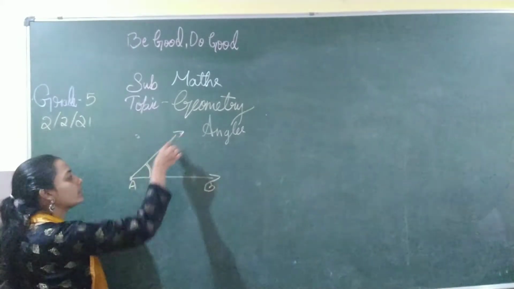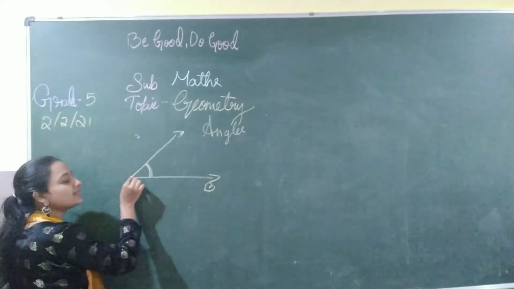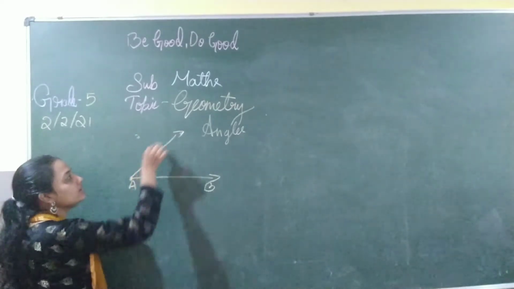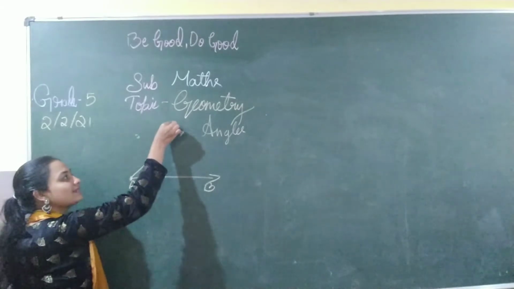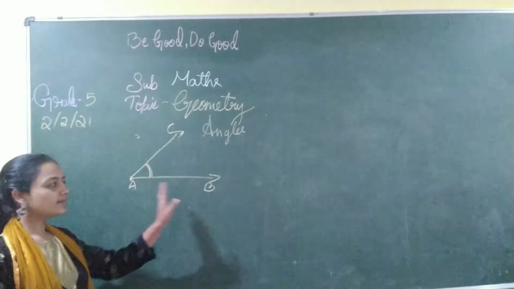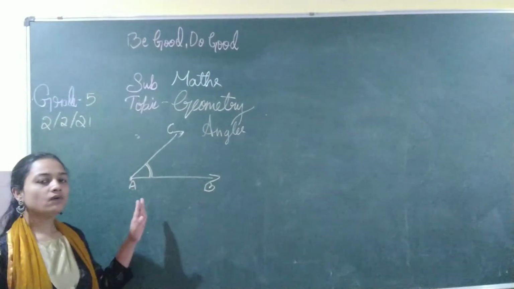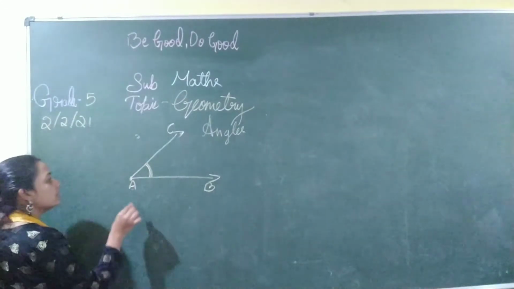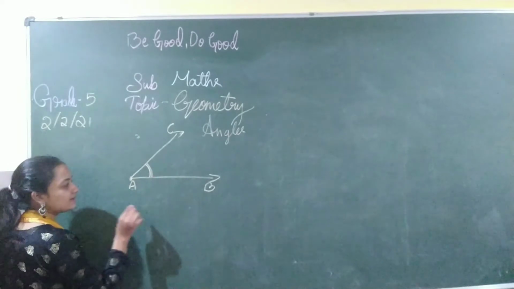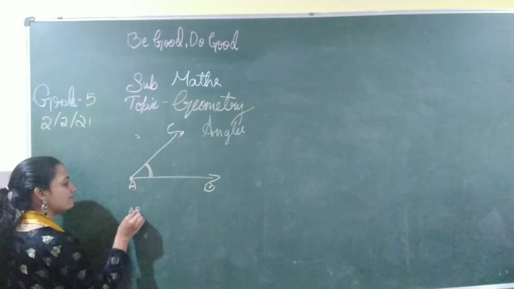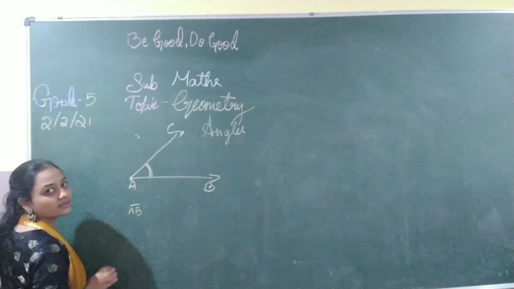And you have one more ray meeting at the same point A, so there is no need of writing one more letter here. I will mention the other letter, like C. So here I have named the figure. Now how will you write the name of the angle? When you have a line, you say line AB. This is how you mention a line, right?